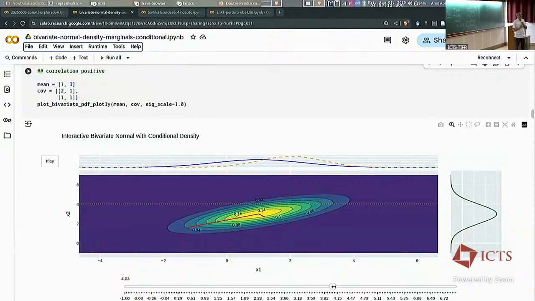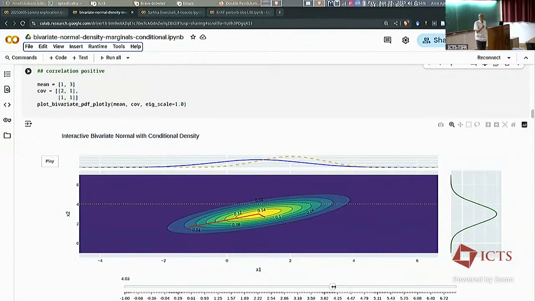One, you can explicitly see that the variance goes down. The variance of the distribution of x1 given x2 is less than the unconditional distribution P of x1. This is one indication that we are getting some information out of the observations. And the mean shifts. That's another thing.